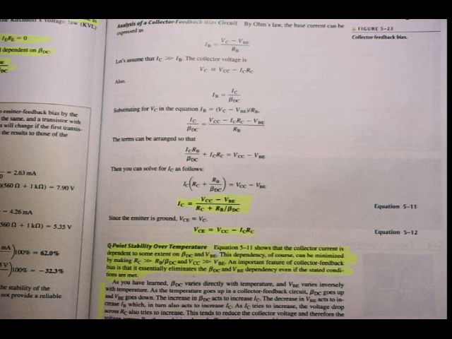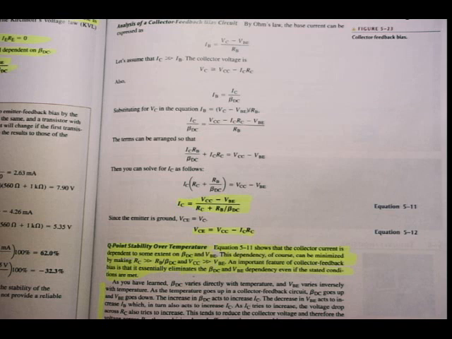Equation 5-11 shows that the collector current is dependent to some extent on beta DC and VBE. This dependency can be minimized by making RC much larger than RB divided by beta DC, and VCC much larger than VBE. An important feature of collector feedback bias is that it essentially eliminates the beta DC and VBE dependency even if the stated conditions are not met.